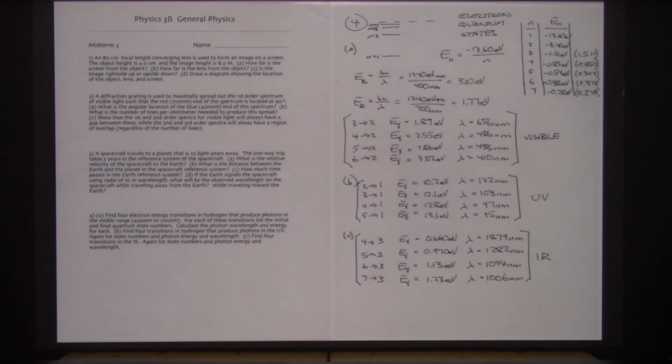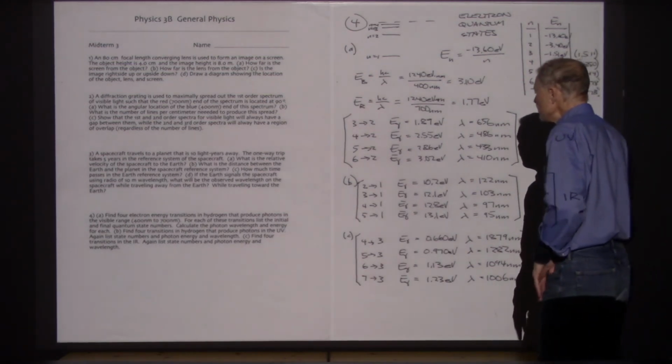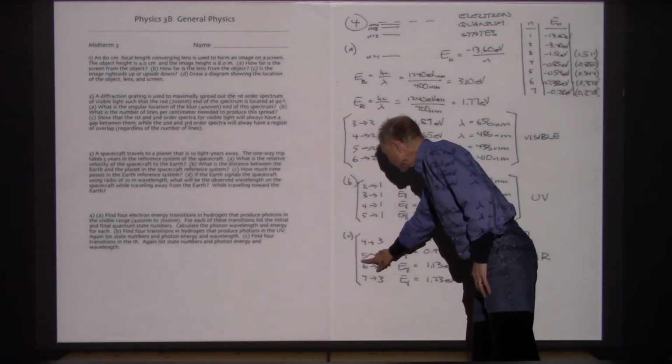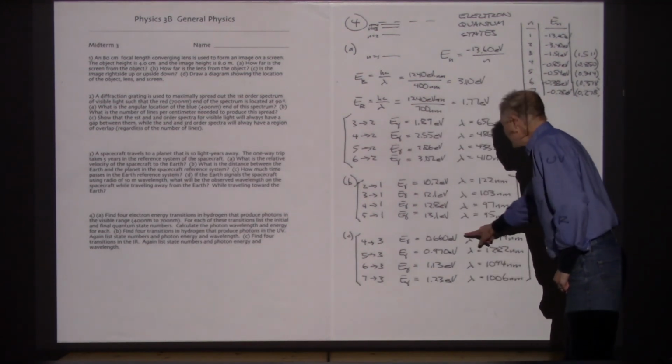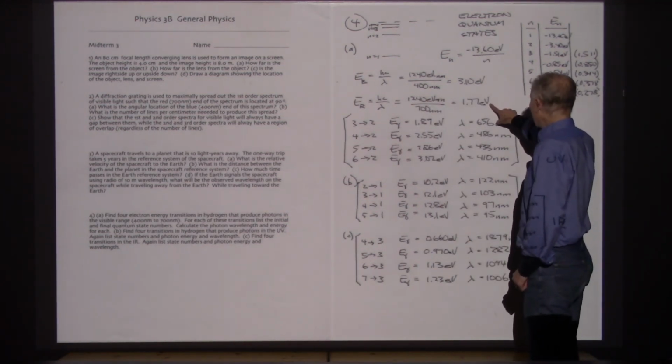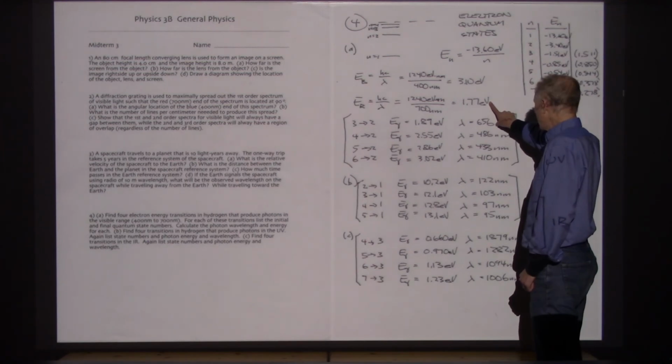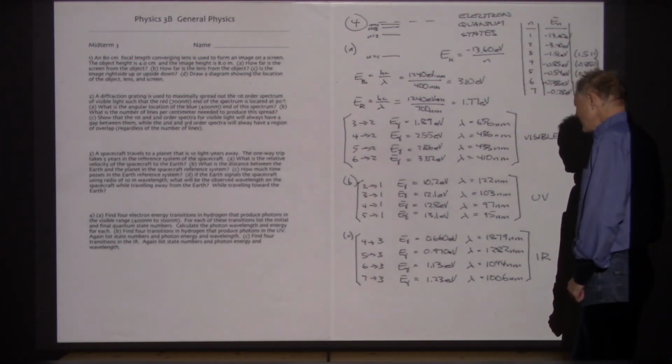Everything dropping into state 2 would be too much energy for infrared. So I had to move on to things dropping into 3, and so I just used 4, 5, 6, 7. And those gave me energies well below these numbers.